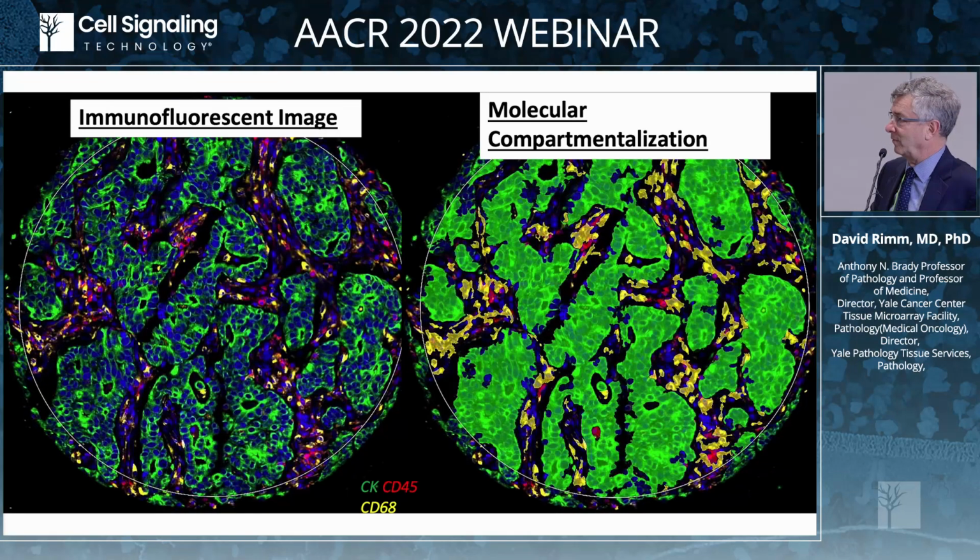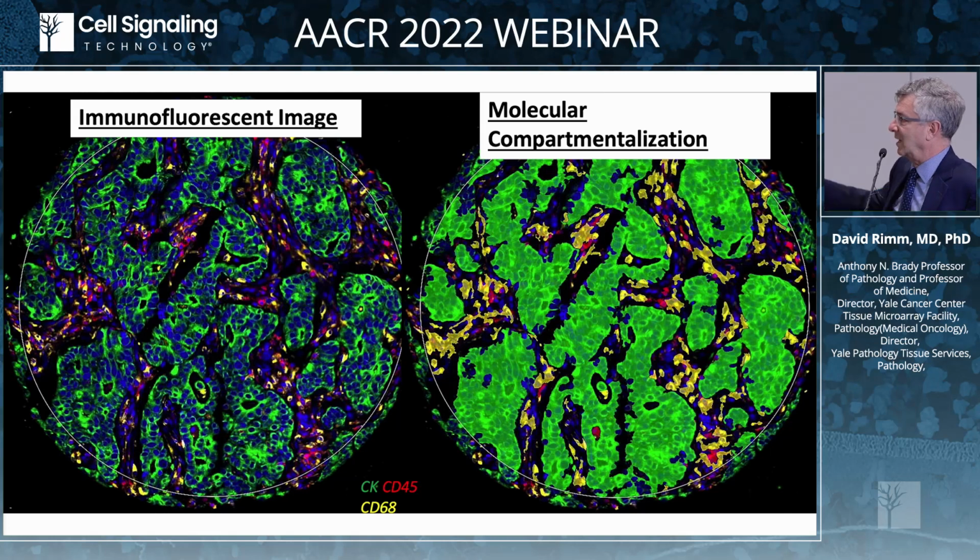So this is an example of a fluorescent image, and this is an example from NanoString of molecular compartmentalization, even though they call it segmentation. It's really molecular compartmentalization. You can see the compartments here. Cytokeratin is one compartment, and that's green. CD45 is the lymphocyte compartment. You can see some here.